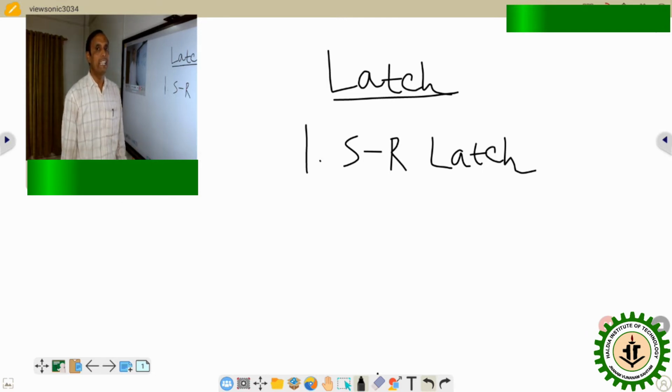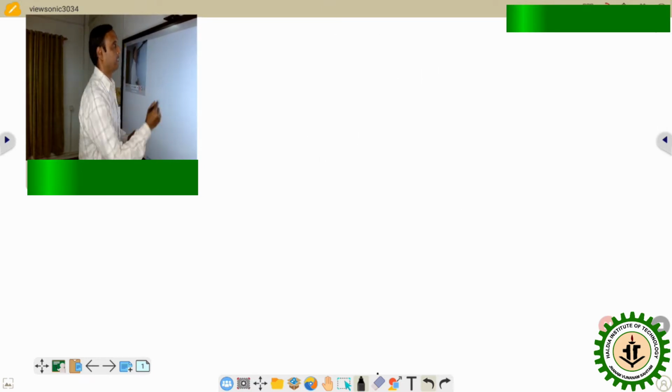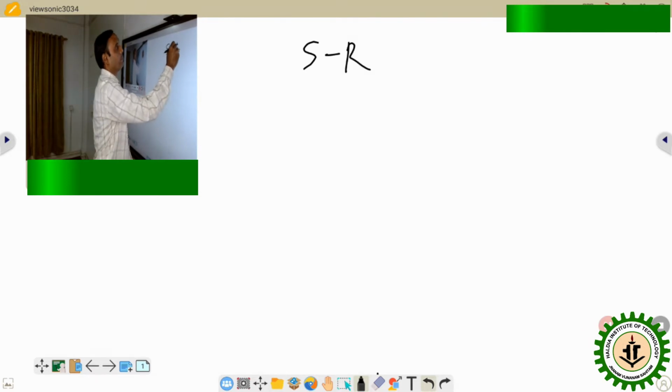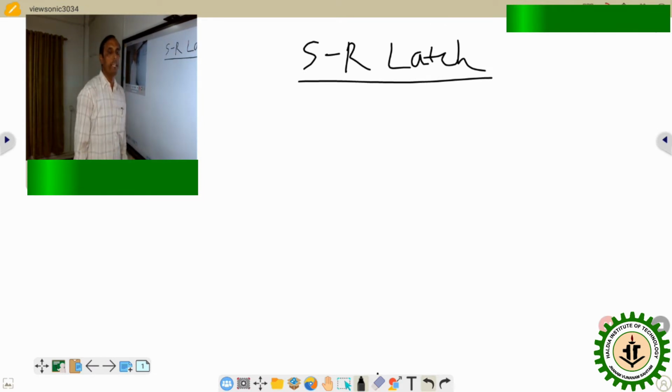So how to design SR latch? This is the circuit diagram of SR latch. SR latch can be designed in two ways, by using NOR logic gate and by using NAND logic gate.